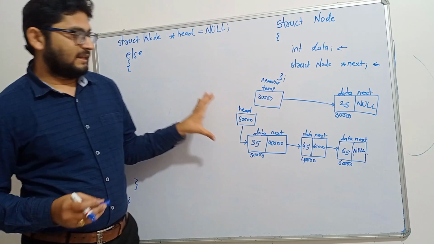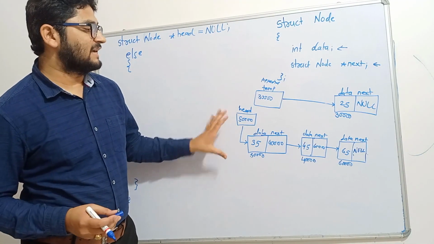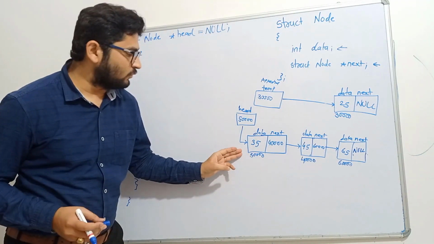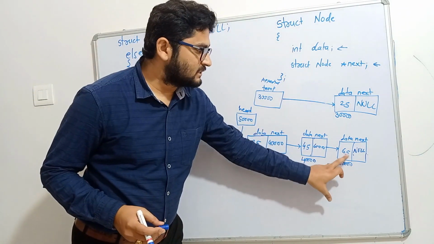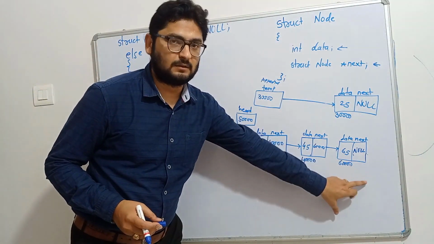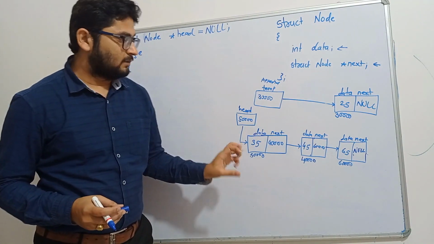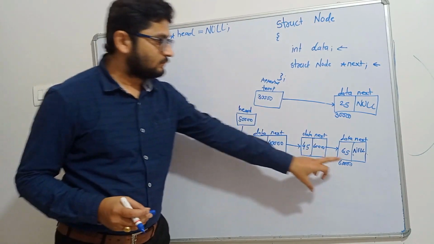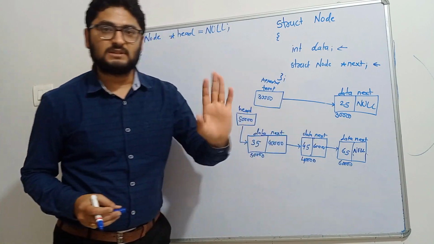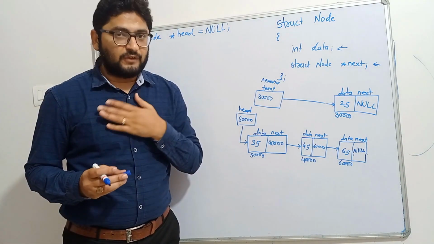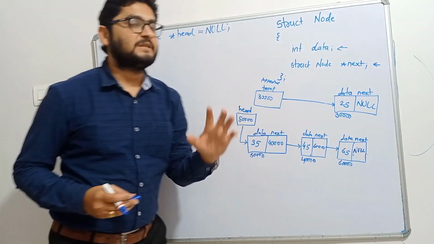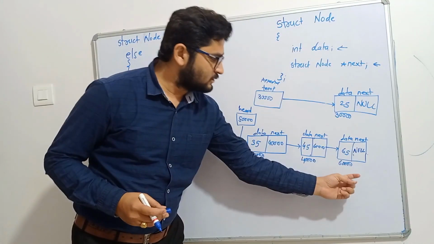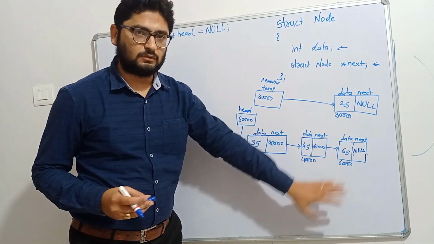Now I have taken the example of this linked list which has 3 nodes. The first node is pointed by the head, and the last node is 65 whose next is null. We know that in a singly linked list the next of the last node is always null. Now what we have to do? We have to insert this node at the last. That means this node should be pointing to this node.